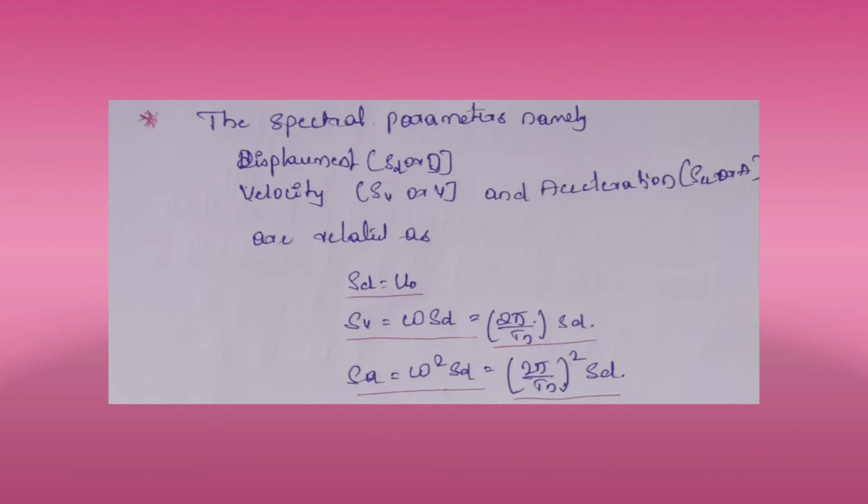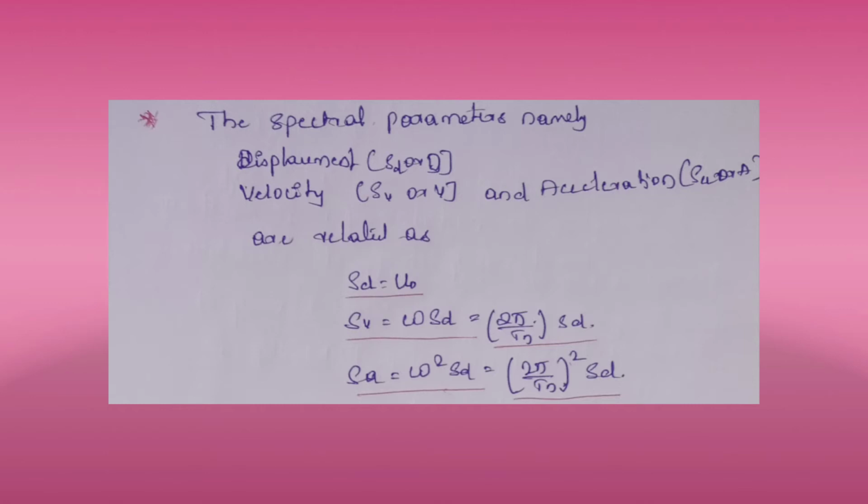These displacement, velocity and acceleration can be related as follows: SD, the spectral displacement, is equal to u0, the maximum displacement, and SV = omega times SD.